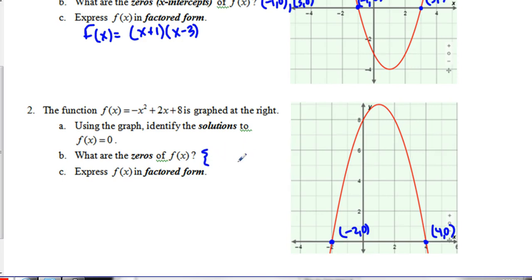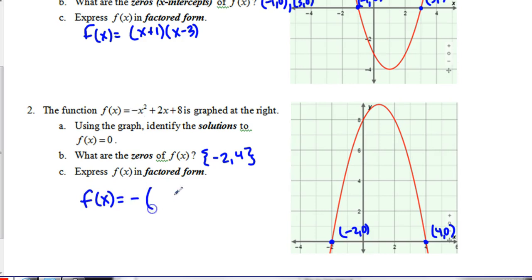That's a crummy bracket. Let me give that one more try. -2 and 4. That's a nicer bracket. So the solutions to the graph are when y equals 0. And now in factored form, I can express it as f of x equals. I still need that negative in front.